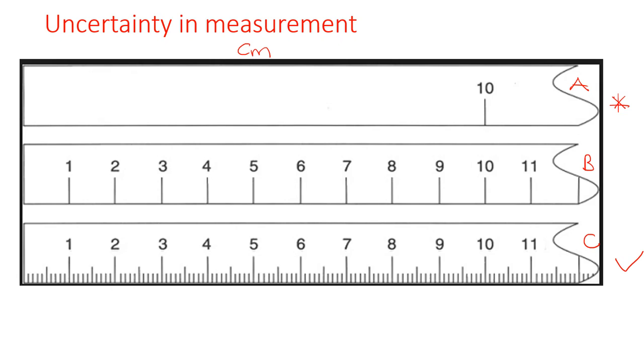Now, mathematically, how do we talk about uncertainty? We usually talk about uncertainty by showing the range you can give for a specific measurement. Let's take an example of ruler number A. Let's say I want to measure a point just here.